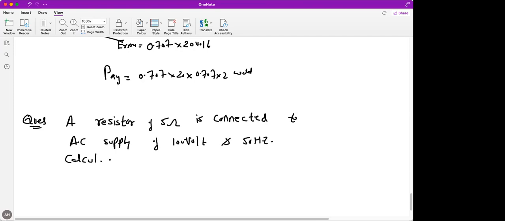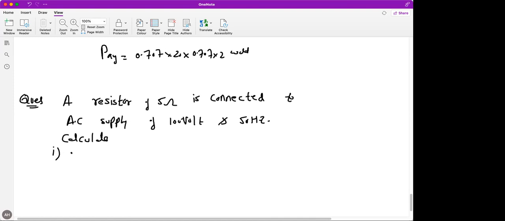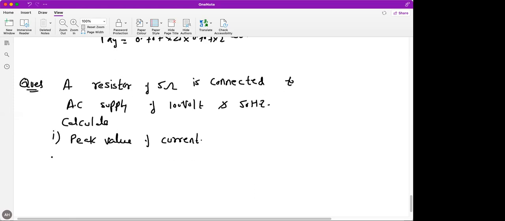Calculate: first part, peak value of current. Second part, RMS value of current.